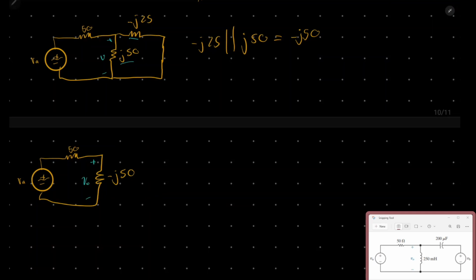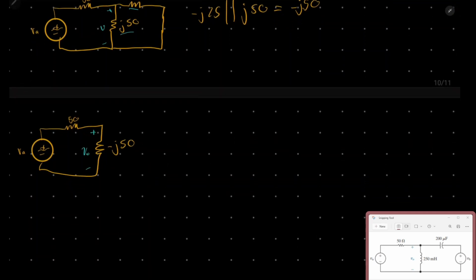Now, looking at our new circuit, we can see that this is actually a voltage divider. So we can use the voltage divider equation, which is as follows: V out equals Z2 over Z1 plus Z2 times voltage in.